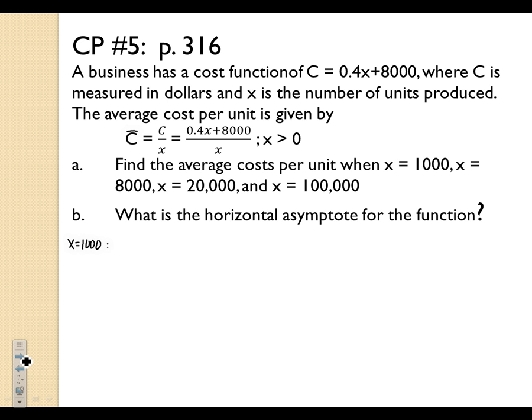All right, so C bar is equal to 0.4 times 1,000 plus 8,000 over 1,000. That's going to simplify to 8,400 over 1,000, which is $8.40. That means at 1,000 units, the cost per unit is going to be about $8.40.